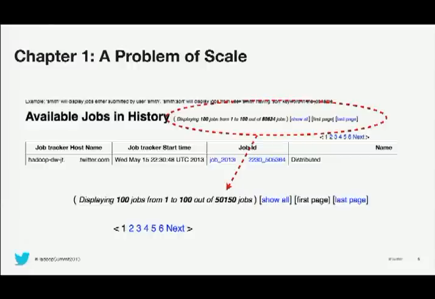You see it blown up where you have to click on next, next, next to go find where your job is. And as a lot of jobs come in, by the time you actually click to the page where your job was before, it's going to scroll right off. On our clusters, the JobTracker stays up for a long time, and in some cases, it's stayed up for more than 1 million jobs.